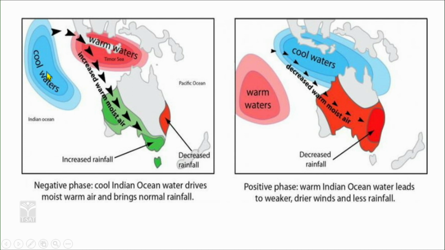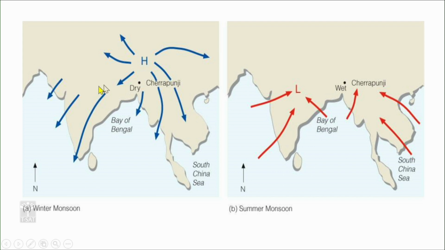One is a cool climatic condition and one is a warm climatic condition. These conditions impact the Indian monsoons. The high pressure condition leads to development of northeast monsoons.